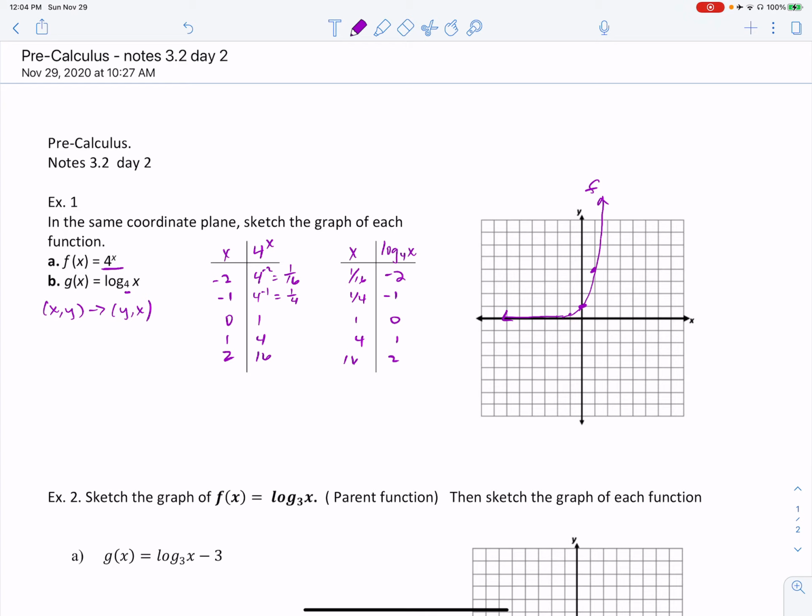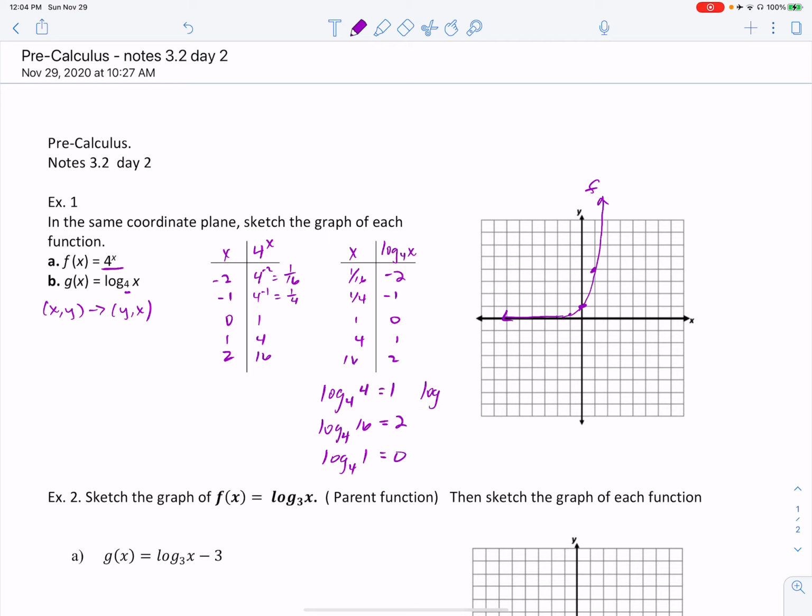However, if you are thinking about putting in values and choosing them, it's better if you choose arguments that are powers of 4, because 4 to what power is 4? 1. 4 to what power is 16? 2. 4 to what power is 1? 0.